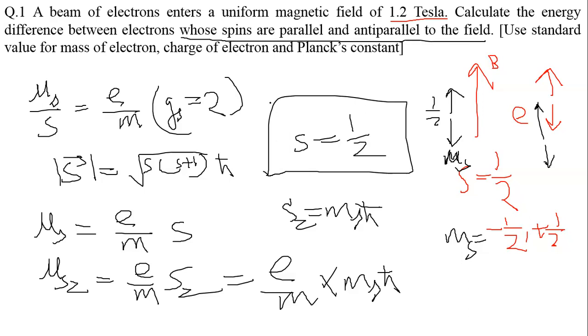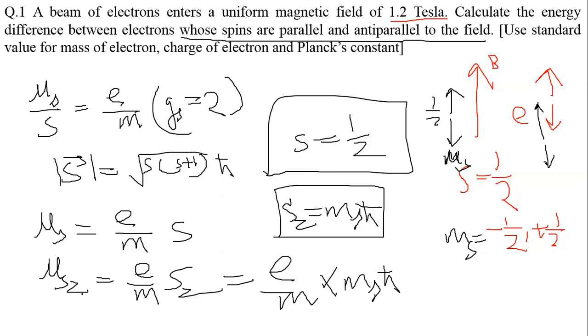We know that the electron is a spin half particle, which we also call a fermion. So for s equal to half, we have two values of ms, minus half and plus half, and the z component of the magnetic dipole moment is given by ms h cross.